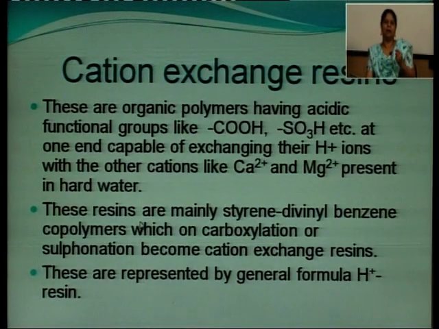Now, cation exchange resins are organic polymers which have ionizable groups like carboxylic group or sulfonic acid group at one end, and they can exchange their H ions with cations like calcium and magnesium which are present in hard water.